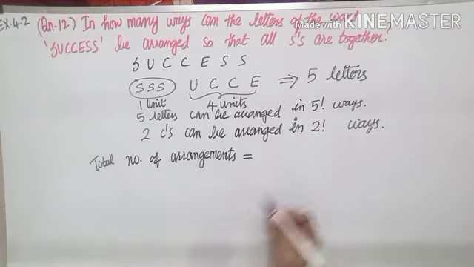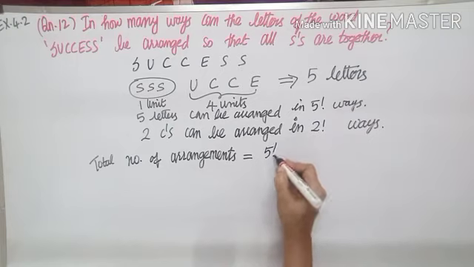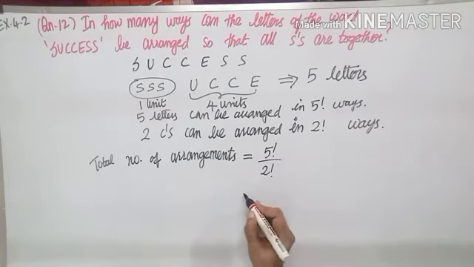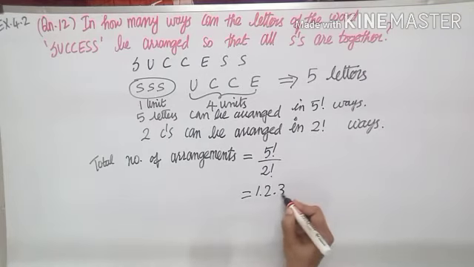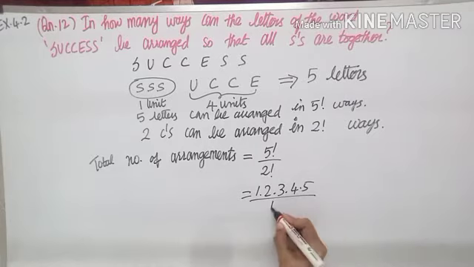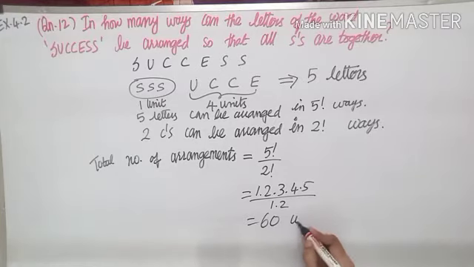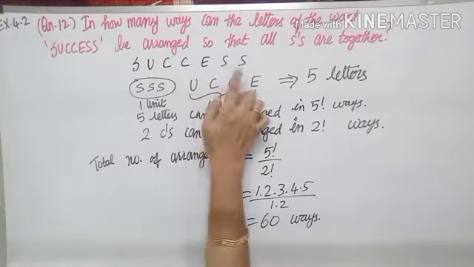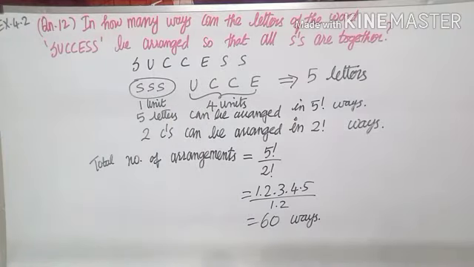Total number of arrangements, divide 5 factorial by 2 factorial. 1, 2, 3, 4, 5 by 1 into 2, that is 60. So 60 possible ways we can arrange the word SUCCESS in such a way that all the S's are together.